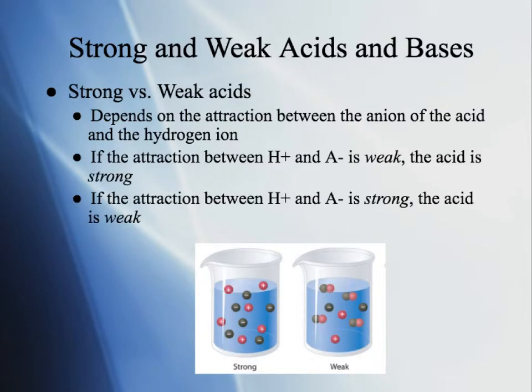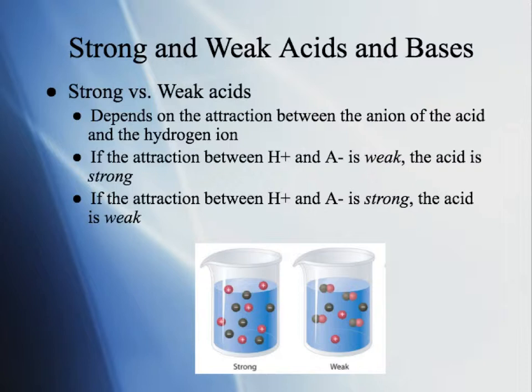All right, so how do we know if it's going to be a strong or a weak acid? Well, it's going to depend on the attraction between the anion of the acid and the hydrogen ion, the ionizable proton within the molecule. This has a lot to do with electronegativity and attraction for each other.